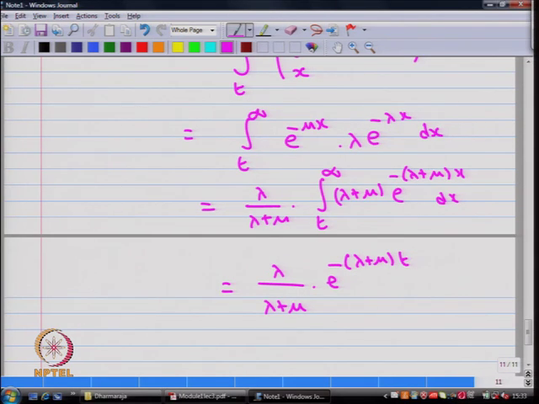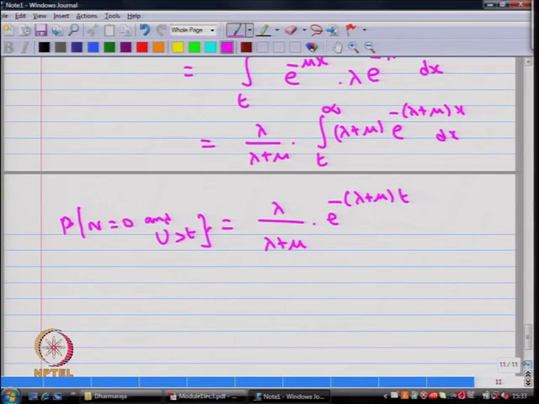So, this is the result for the probability of N takes a value 0 and U takes a value greater than t, where t is greater than 0. Similarly, you can work out the probability of N takes a value 1 and U takes a value greater than t.